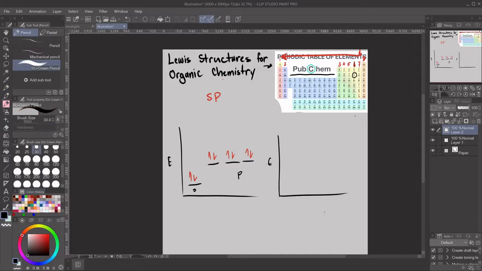Oxygen is who I'm using a lot today. So if we're looking at oxygen, we have our s orbital right here, and then we have our 3 p's right here. Oxygen has 6 electrons. So what we'll do is we'll have 2 electrons in s, because if you think about it, why would our electrons walk up these stairs if it could just get in on the ground floor and just sit right there?